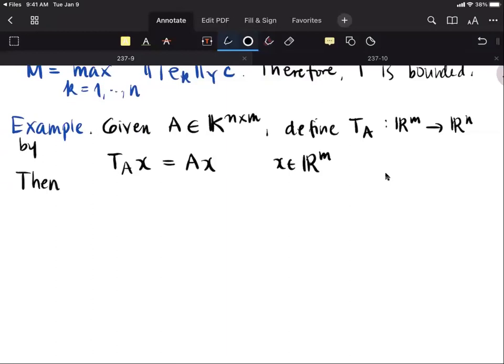Since our domain is finite dimensional, according to the previous theorem, T sub A must be a bounded linear operator, I should replace this by K, from Kn into Kn.